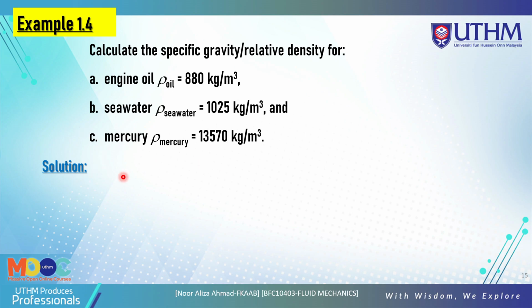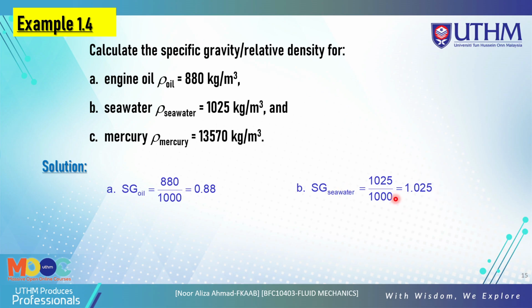So the solution: to calculate Sg of oil, they give you the density of oil, so you divide by the density of water, 1000, and you get Sg of oil is 0.88. Now for B, using seawater, use the density of seawater 1025 divided by 1000, so you get 1.025.